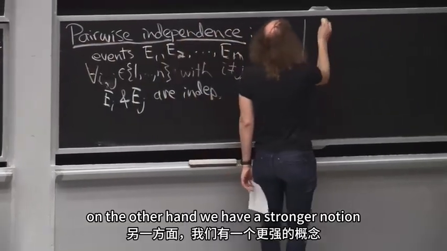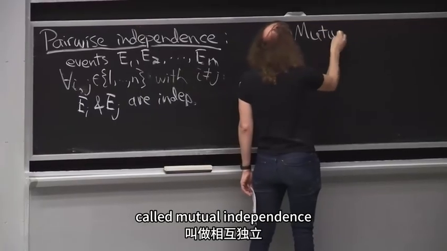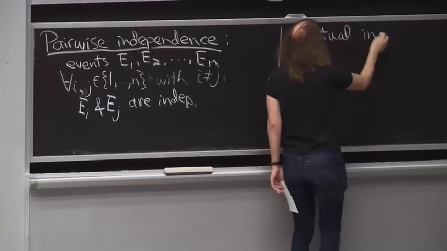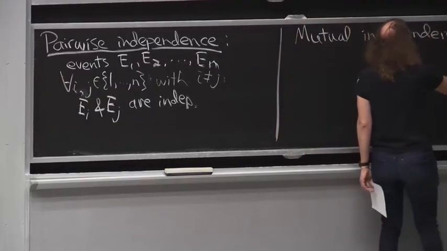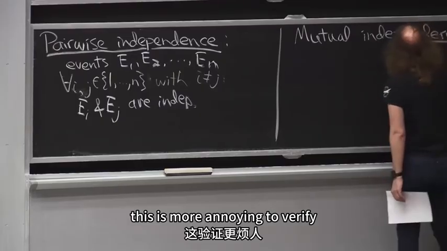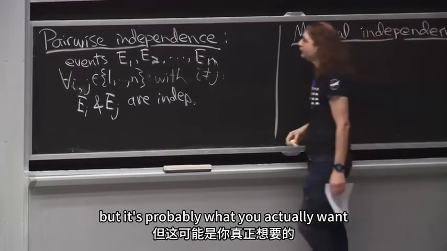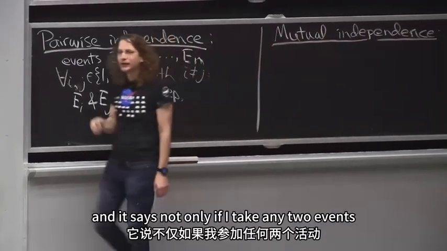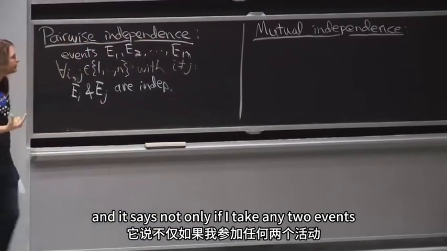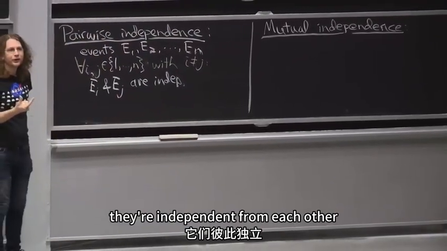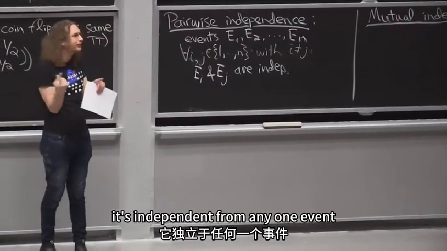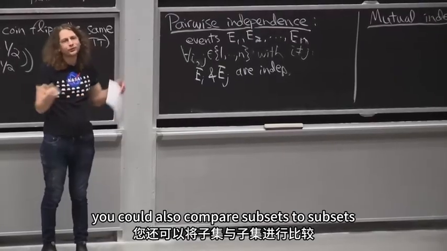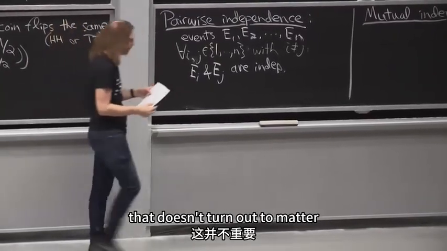On the other hand, we have a stronger notion called mutual independence. This is more annoying to verify, but it's probably what you actually want. And it says not only if I take any two events, they're independent from each other, but if I take any subset of events, it's independent from any one event. You could also compare subsets to subsets. That doesn't turn out to matter.